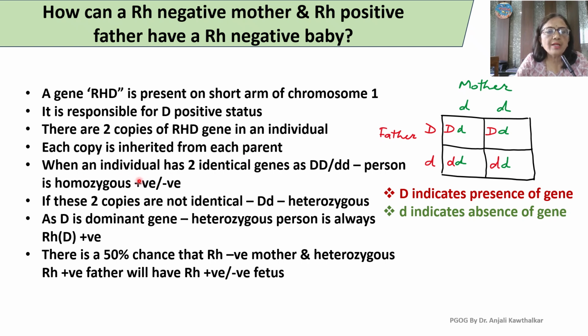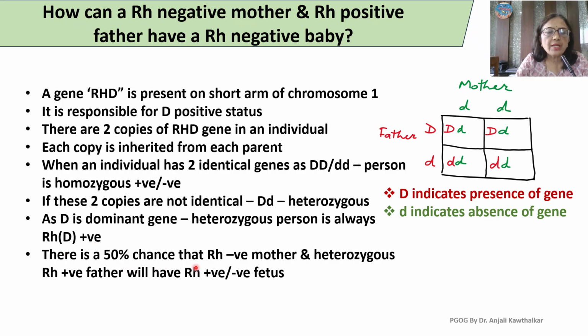When an individual has two identical genes, capital DD or small dd, the person is homozygous positive or homozygous RHD negative. If the two copies are non-identical, capital D small d, then the person becomes heterozygous. But as D is the dominant gene, a heterozygous person is always RHD positive.